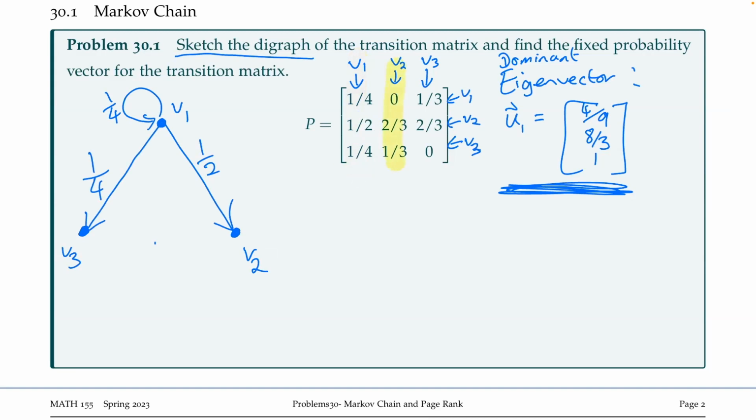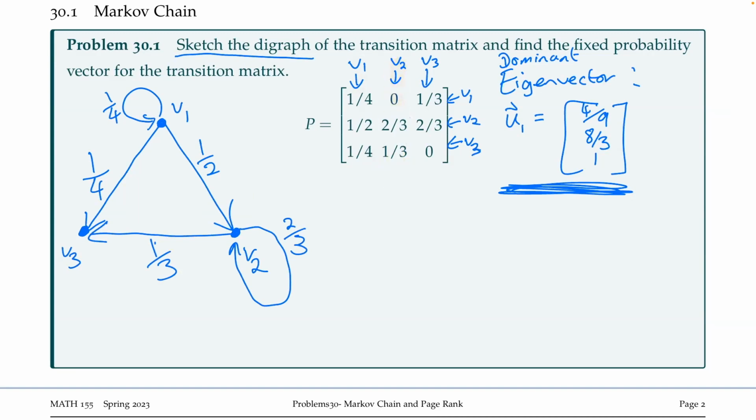Second column is going to be everything that's going from V2. So V2 to V1, there's nothing going in that direction. So there's no arrow like this. We do have V2 to V2 with weight 2/3. That's this entry here. And then V2 to V3 has weight 1/3. That's that entry there.